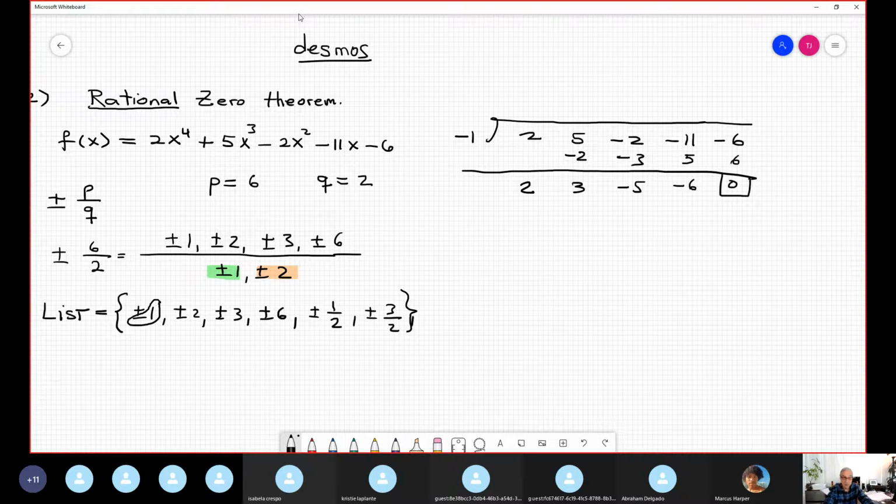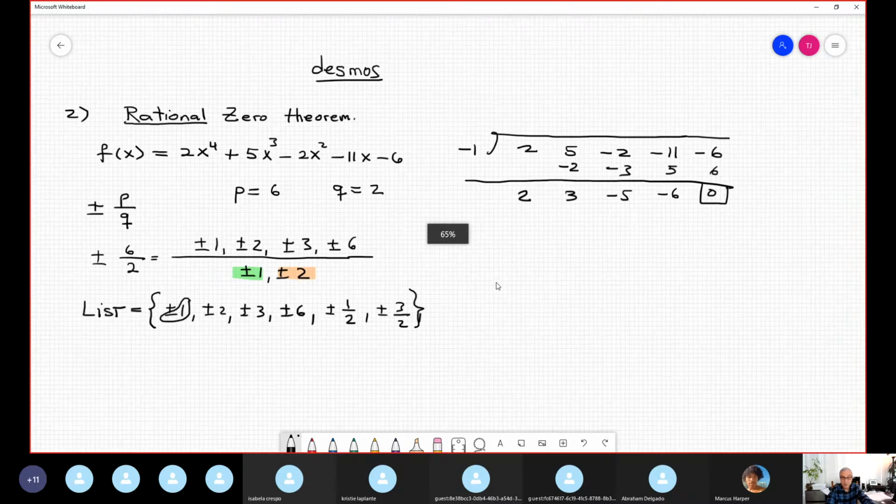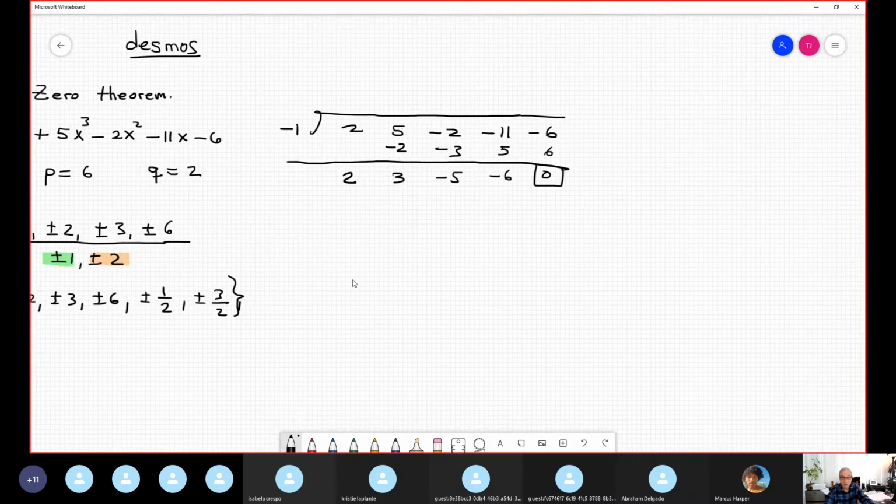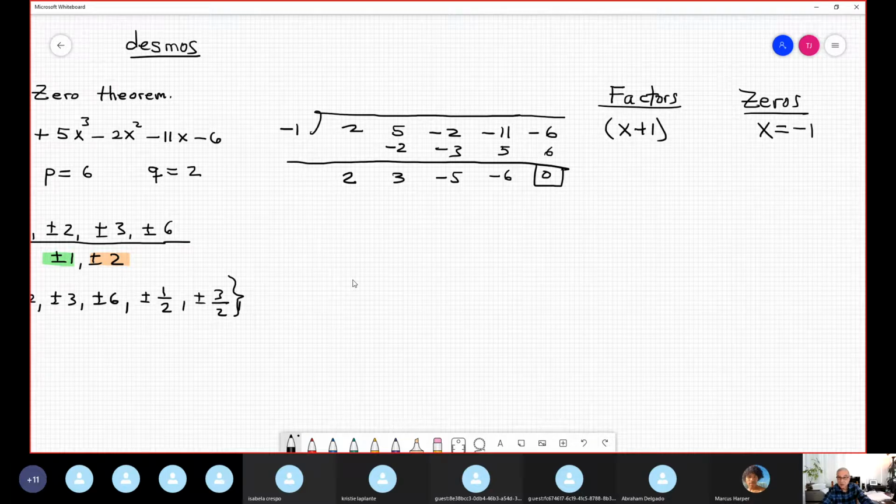But I discover that the factor x plus 1 belongs to the polynomial. This is factors. And this is zeros. The zero is -1, sorry, exactly the number that we use in the standard division, -1. Okay, let's continue.